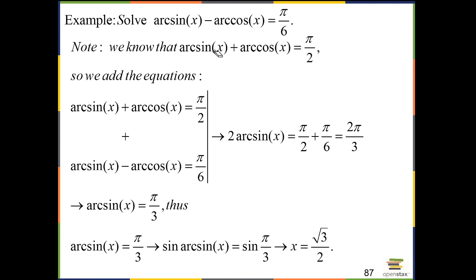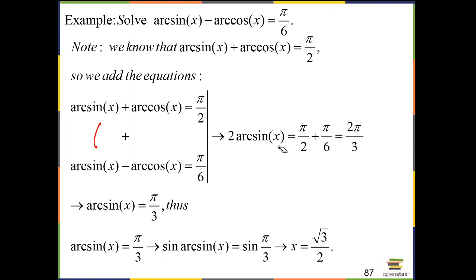And here is another example where we can apply these things to solve inverse equations. So suppose we have arc sine x minus arc cosine x equals pi over 6. How do we solve for x? We talked about solving equations, but we didn't do anything with inverse in it. So here we can use this trick. We know that arc sine plus arc cosine is pi over 2, right? And we are given this equation, so we combine it with the other equation, just add them together, and we end up with this.